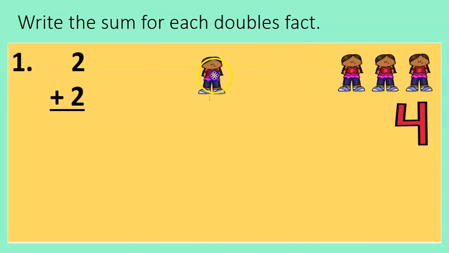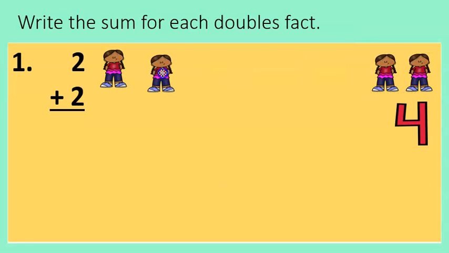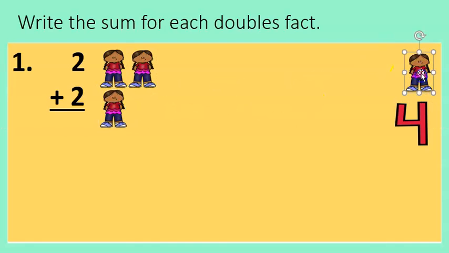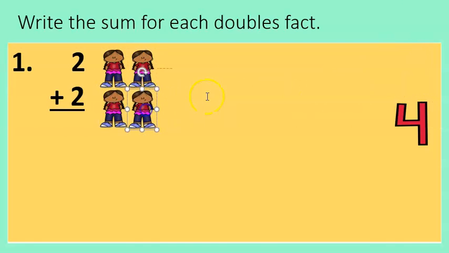I'm going to get 2 of these photos here, okay? We have 2 girls right here that represents 2. Now this bottom number is 2 also. Therefore, Mr. Begay is going to grab 2 more girls and I'm going to insert them underneath.